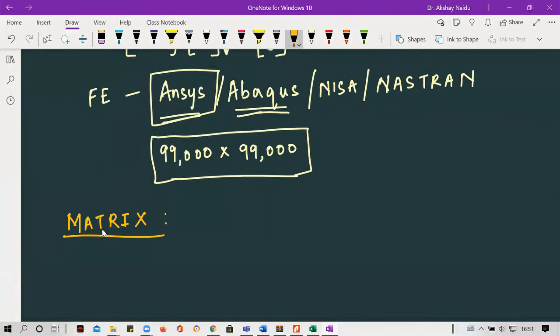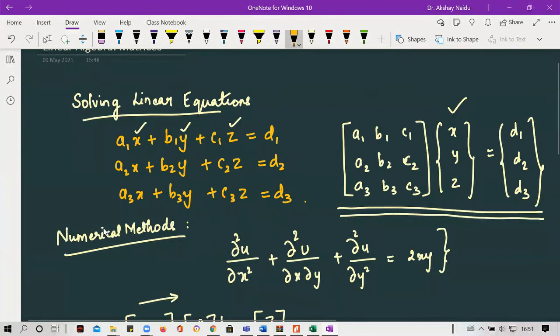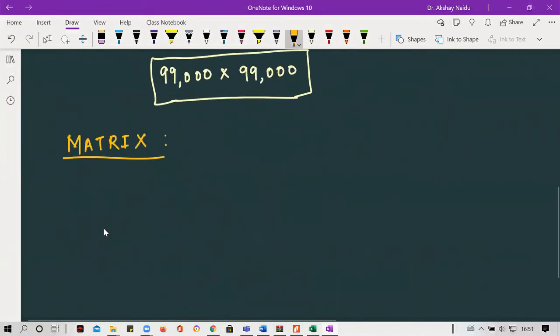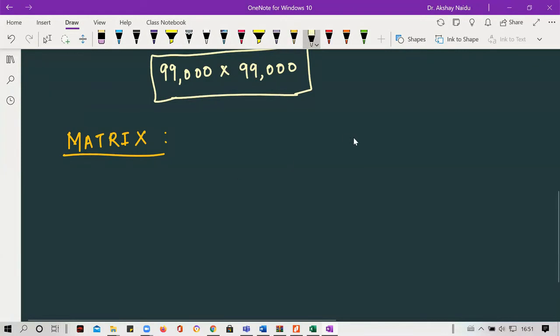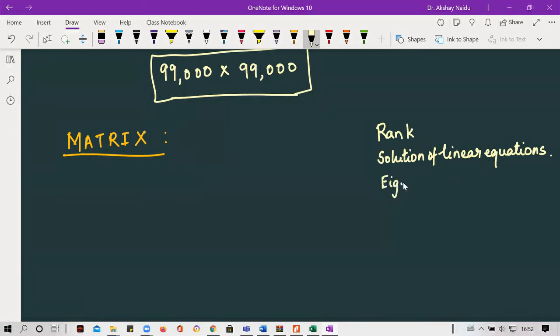In GATE and IES, the concepts asked primarily in linear algebra are the rank of a matrix, then solution types for linear equations, whether the linear equations have infinite solutions or finite solutions, and so on. Very important, they also ask for eigenvalues and eigenvectors.